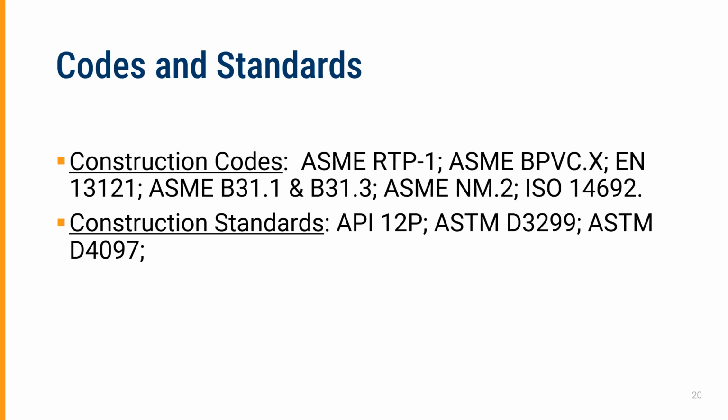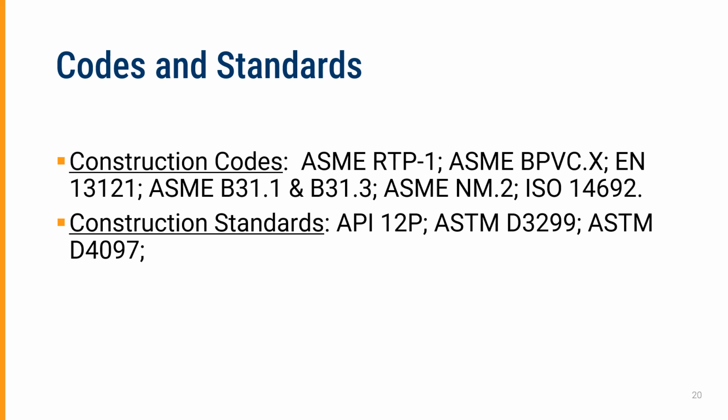Some typical codes and standards that are in use for construction codes, we consider often ASME RTP-1, ASME Boiler and Pressure Vessel Code Section 10, EN 13121, and actually that's an ISO standard that I think is used for as many or more vessels than the ASME standards are used for.